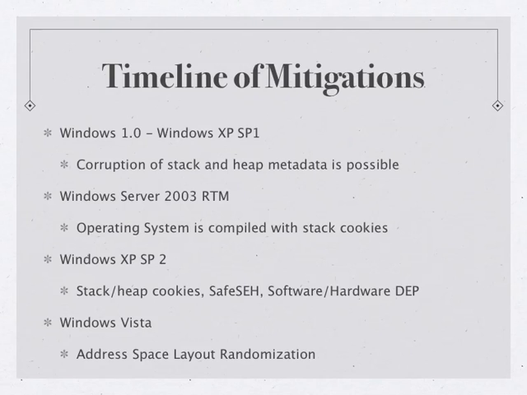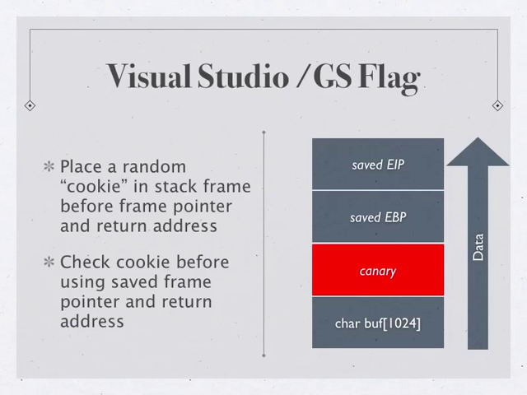They had stack cookies, heap cookies, DEP, also something called SafeSEH, another mitigation, and then with Vista they had ASLR, which was invented by a project for Linux called PaX. That basically invented this, and then Windows just did the same thing.